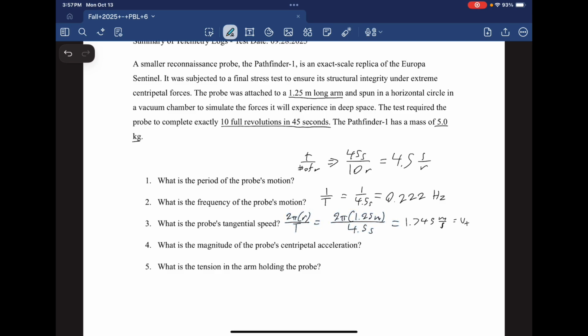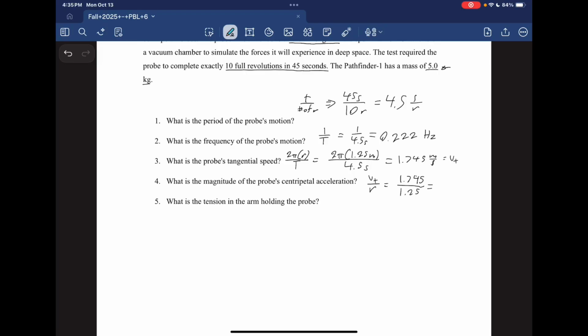The magnitude of the centripetal acceleration is defined as the tangential speed, so Vt, divided by the radius, r. So this is equal to 1.745 divided by radius, which is 1.25. Apologies, I had the wrong equation written down for centripetal acceleration.